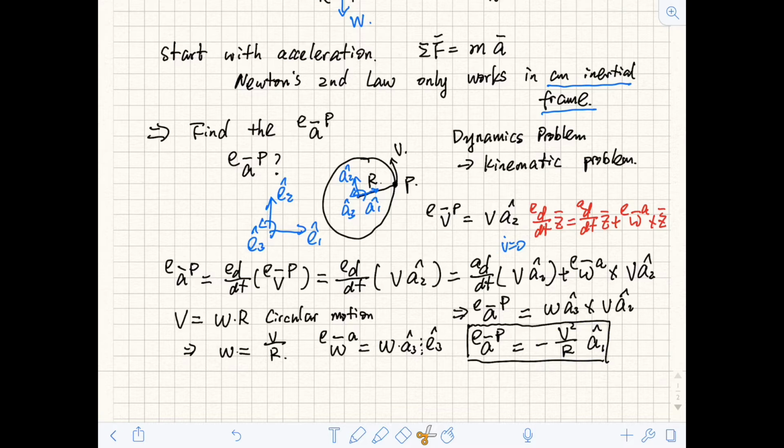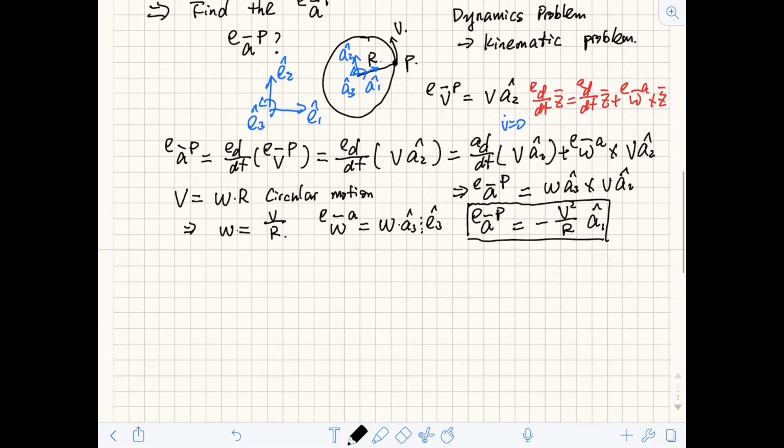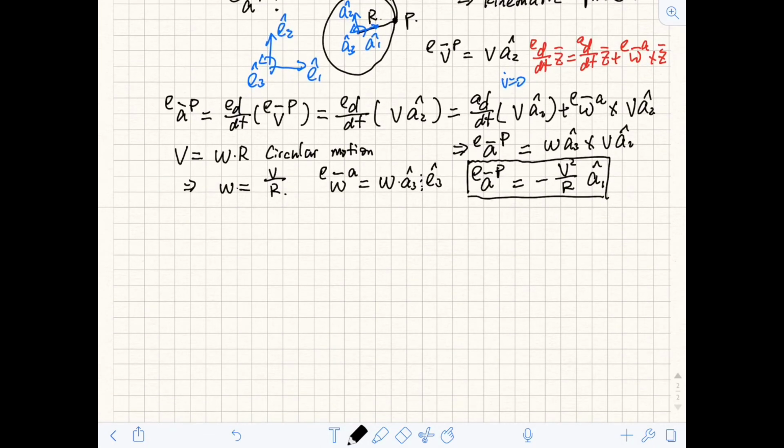Looking at the equation, we know A1 is always pointing inwards to the center from the point P, and V squared over R is the acceleration due to circular motion. The next step is to apply Newton's second law to calculate the forces.